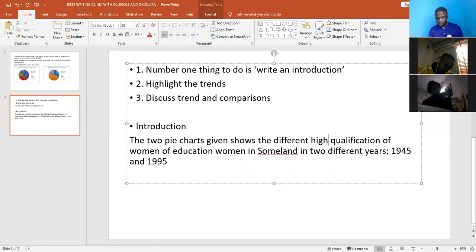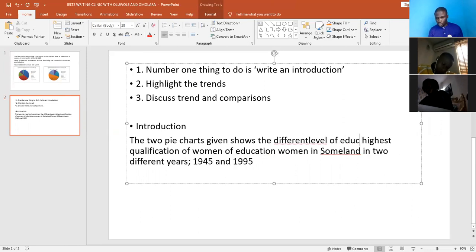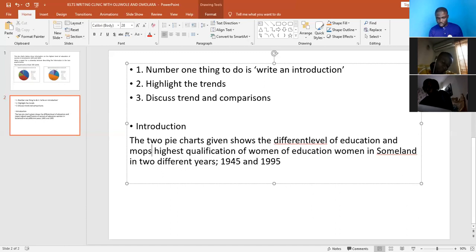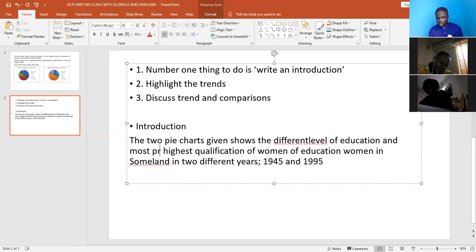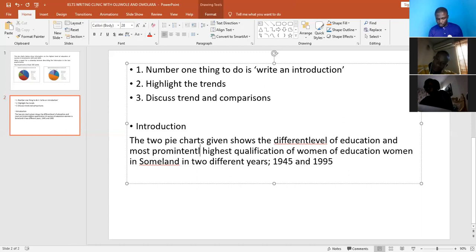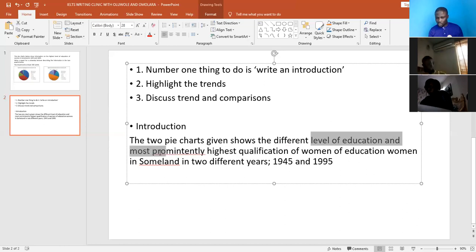Okay, so for me, I will adjust it. I will say the different levels of education and most prominently, it is confusing. So I will use what is in the introduction alone. I do not really agree with it.